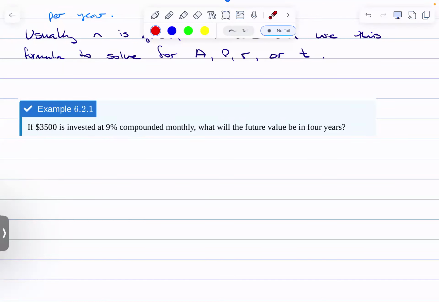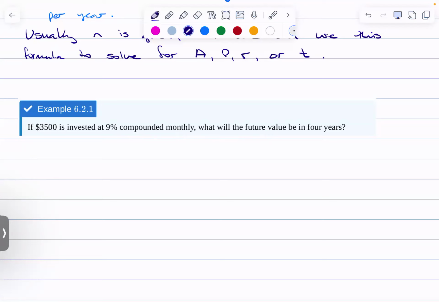Compounded monthly gives us the frequency. What will the future value be in 4 years? That's why I highlighted that the future value is the accumulated value. Just like last day, I think it's really helpful to figure out what it is that I'm trying to solve for here.